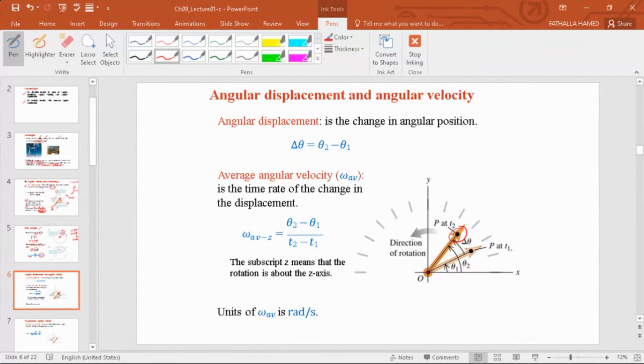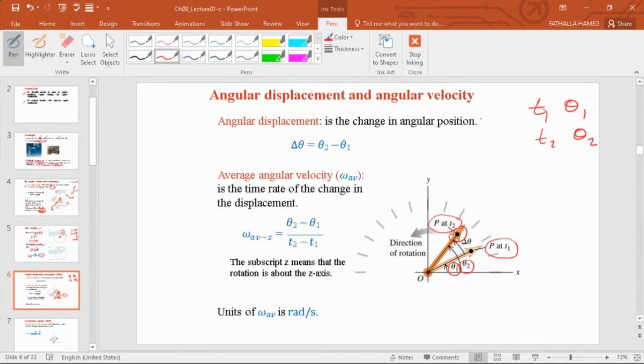So at T1, I will measure an angle which is equal to theta 1. If you look at the point at t equal to 2, you will find that it makes an angle theta 2.